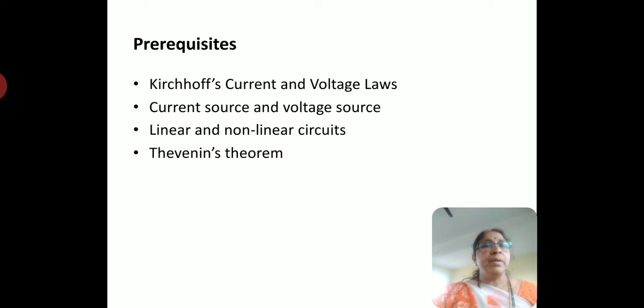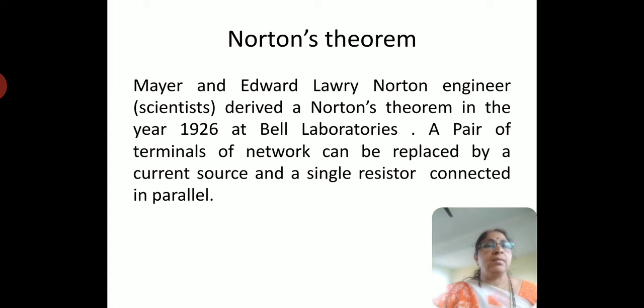We need some prerequisites that we have already studied in sessions 28 and 29: Kirchhoff's current and voltage laws, current source and voltage source, linear and nonlinear circuits, and Thevenin's theorem.